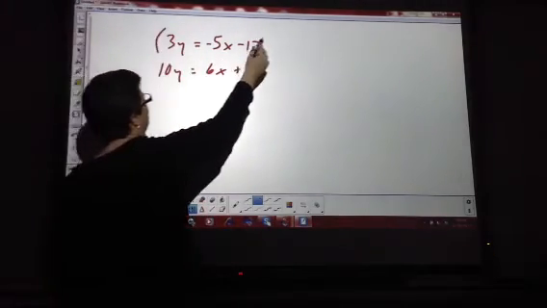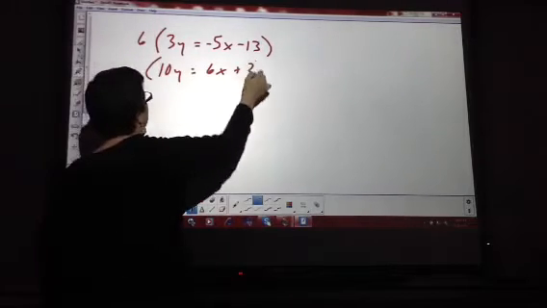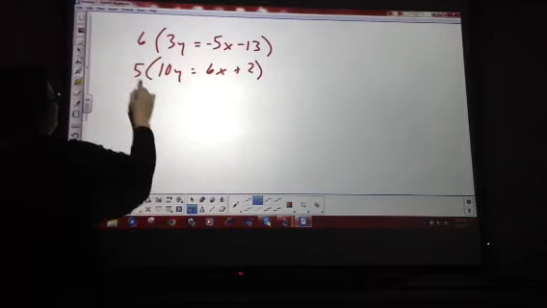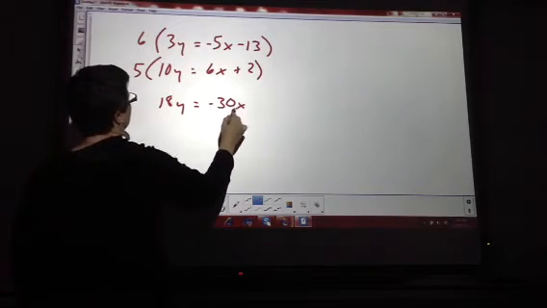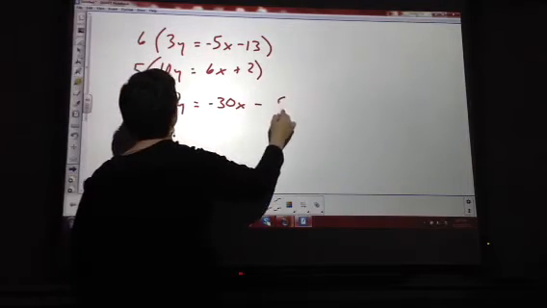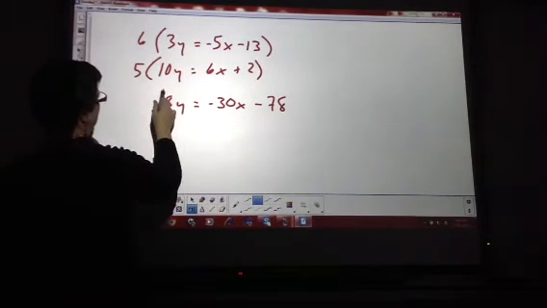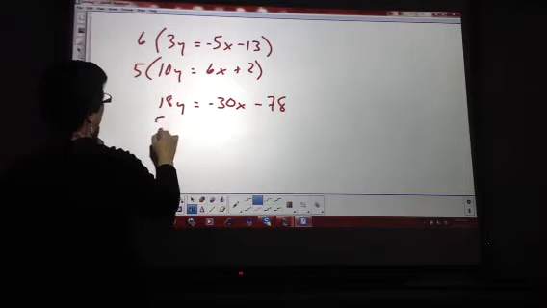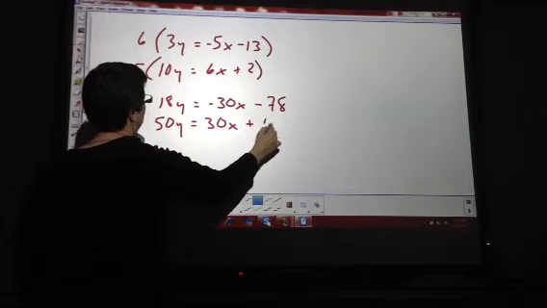I'll probably just multiply this by a 6 and this by a 5. So I get 18y equals minus 30x minus 78, and I get here a whopping 50y is equal to 30x plus 10.